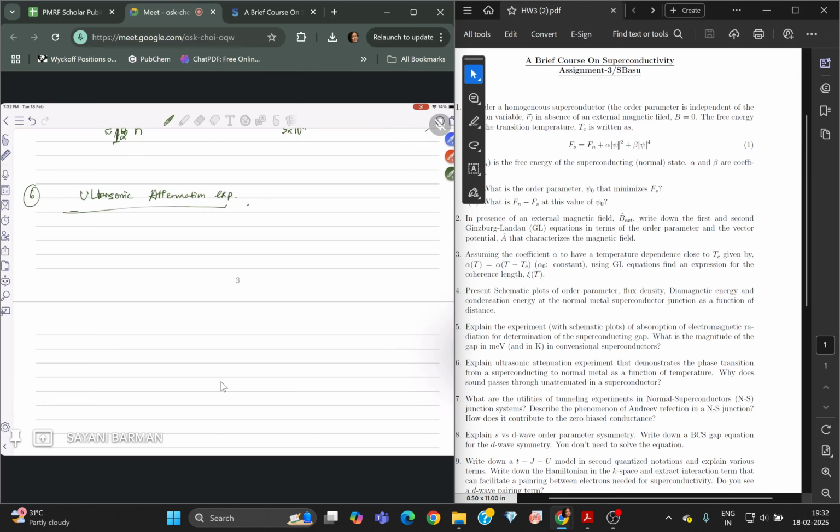Right. So ultrasonic waves interact with the conduction electrons in metals, leading to electron phonon scattering.